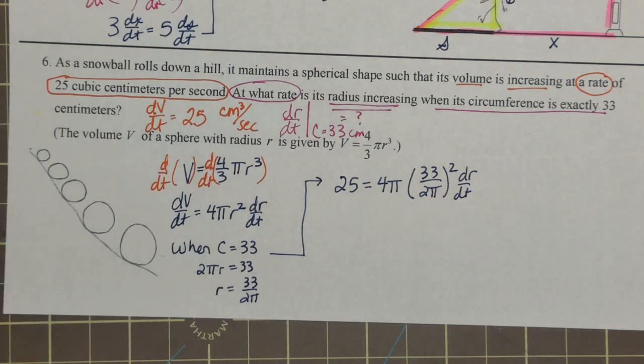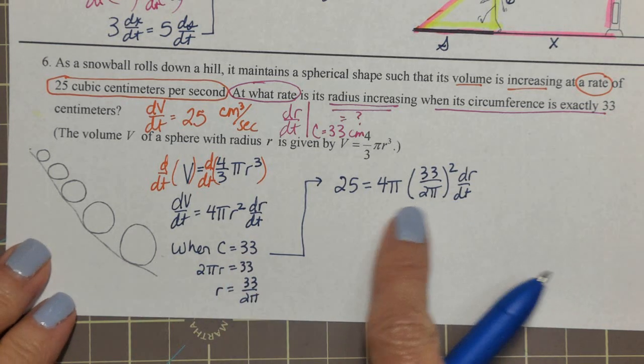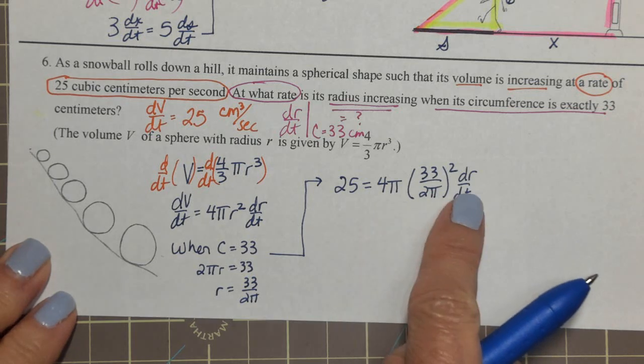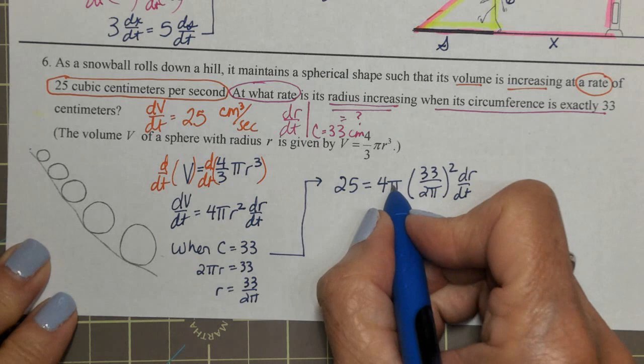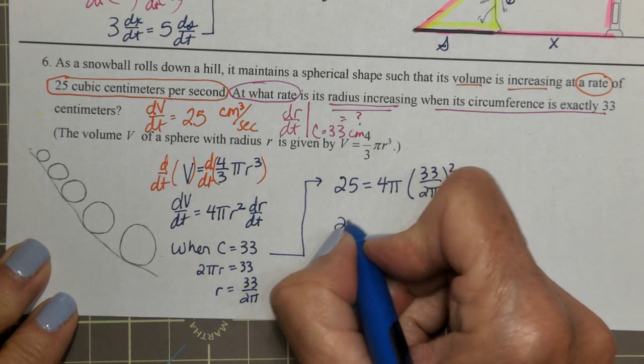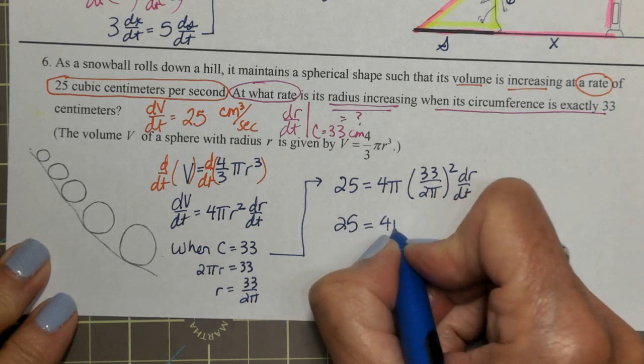Okay. So when C is 33, this is dr/dt. Let me go ahead and clean this up.